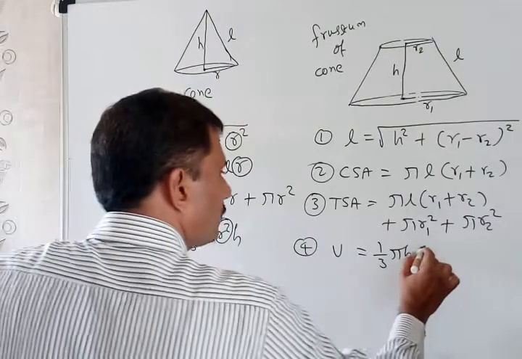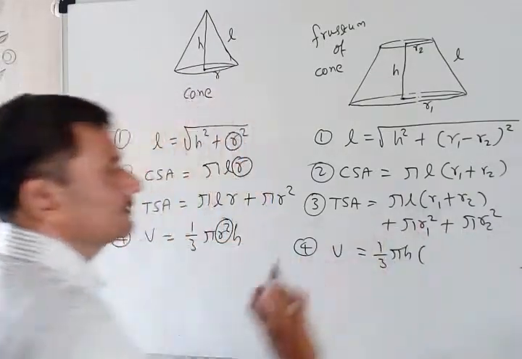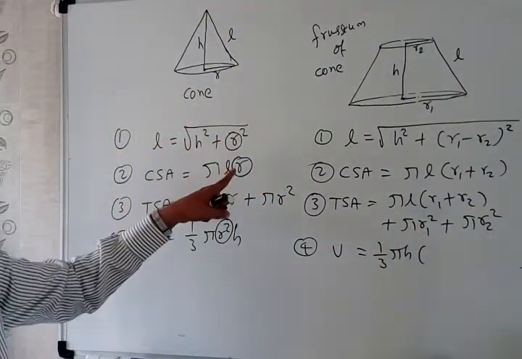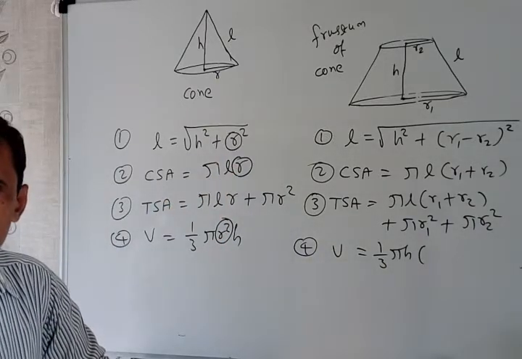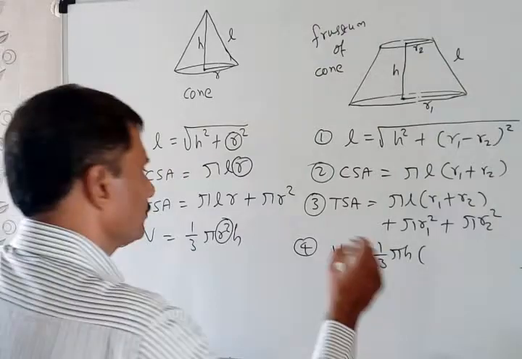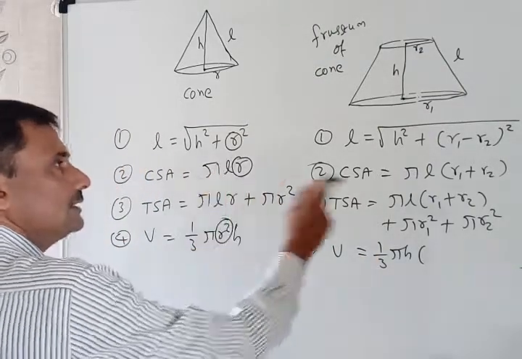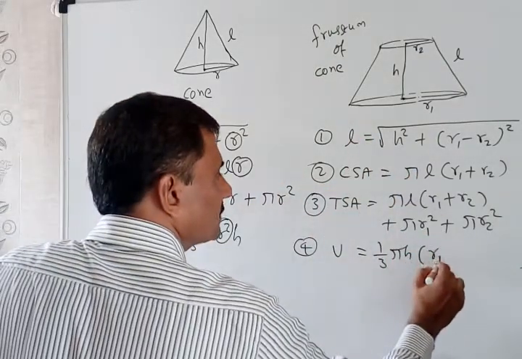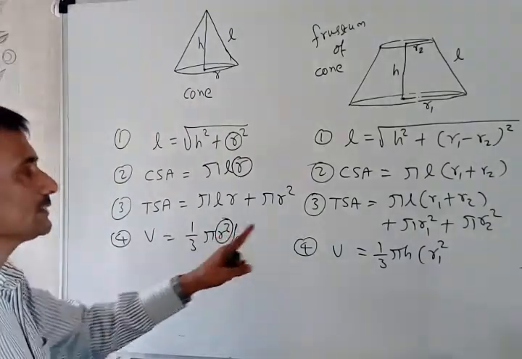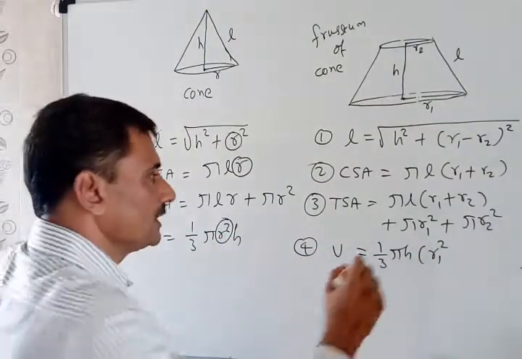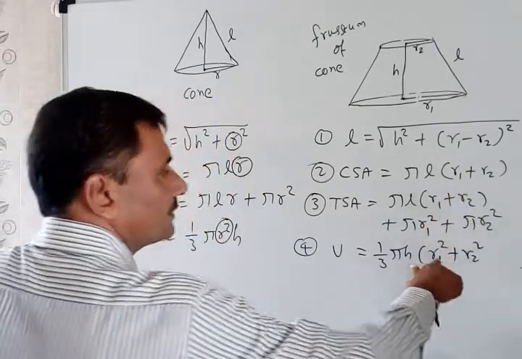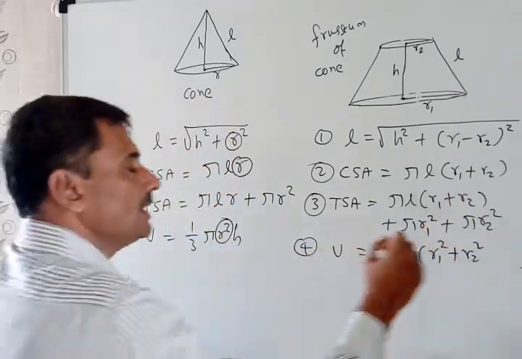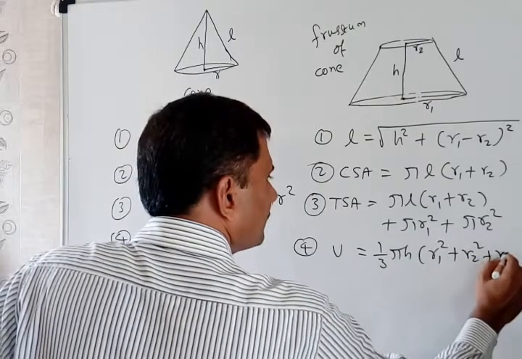Now instead of r square I have to write something, because here the whole r square is being replaced. Instead of r, both radii should be included. So r1 square plus r2 square, but remember one extra term, r1 into r2.